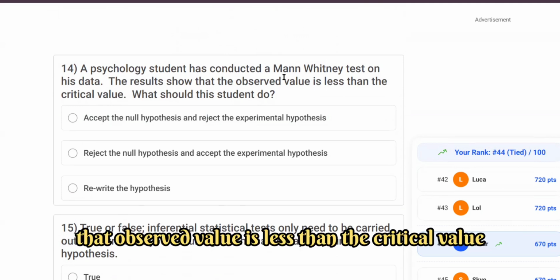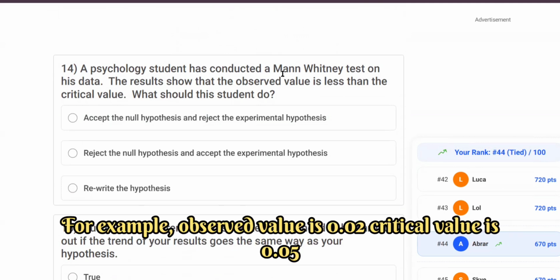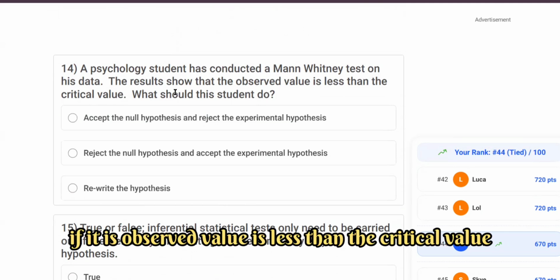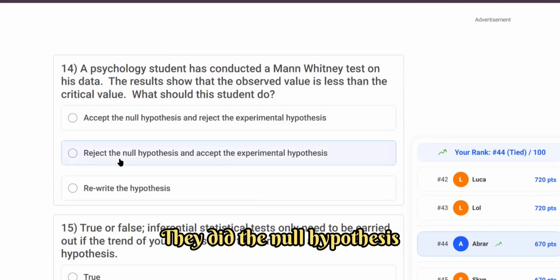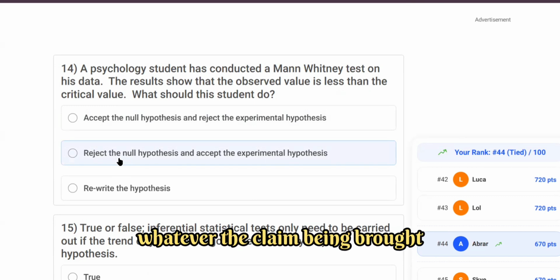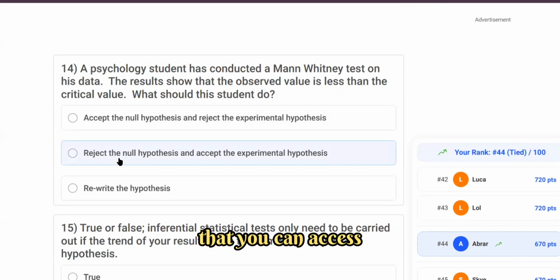The result shows that the observed value is less than the critical value. For example, observed value is 0.02, critical value is 0.05. If the observed value is less than the critical value, this is good news, right? Reject the null hypothesis, accept the experimental hypothesis. Whatever the claim being brought, that you can assess.